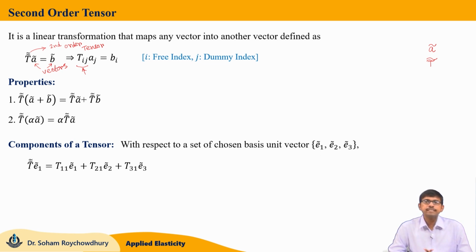If T is acting over the base vector E1, that results in three terms: T11 E1 plus T21 E2 plus T31 E3.